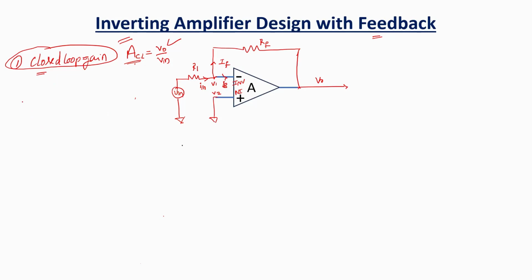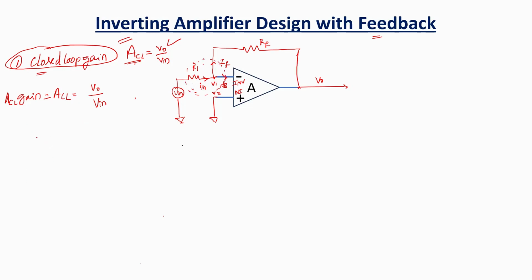To start with, what is gain? Closed loop gain, ACL, is equal to output voltage divided by the input voltage. This is what is called the closed loop gain. To start with, the current which is branching out here, I in, IB, and IF, I think we can apply the Kirchhoff current law.